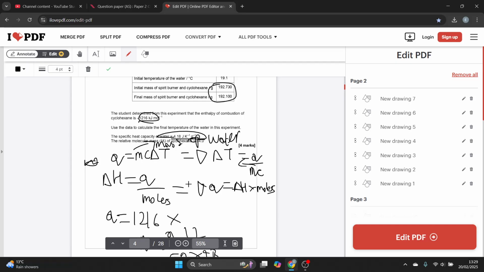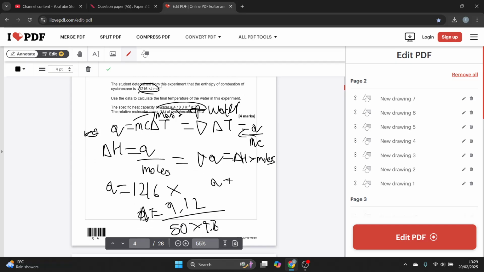Yeah, so then I get Q equals 9.12. All right. What I did was, I was like, okay, we need to convert into joules. Kilojoules to joules, I need times by 1,000, not divided by 1,000, because delta H is measured in kilojoules, given in the question. So then I want to convert into joules.